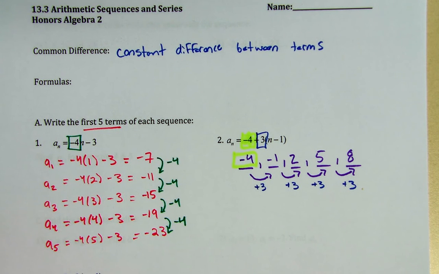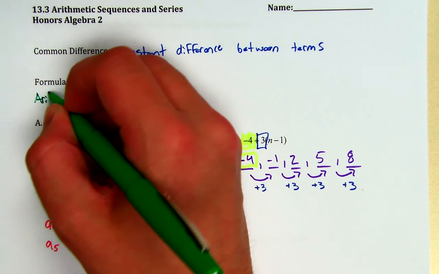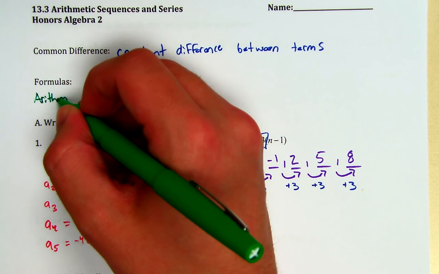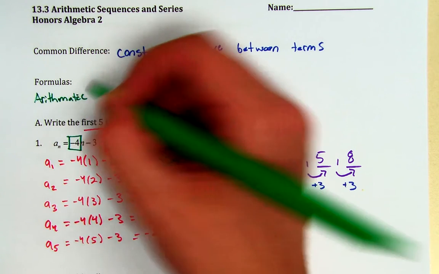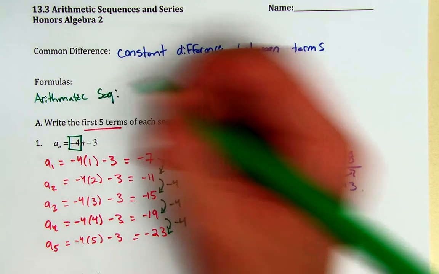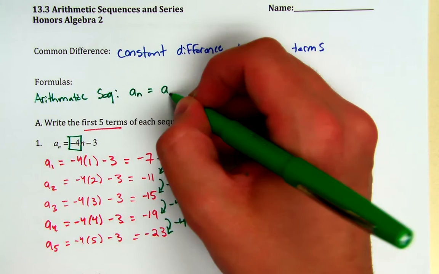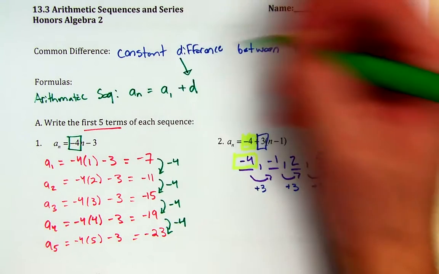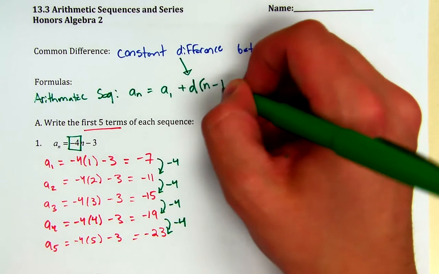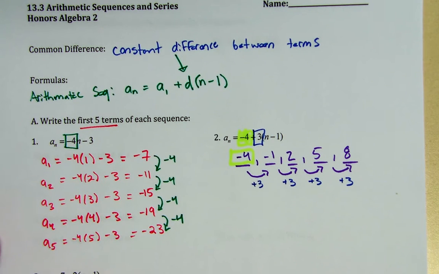Now let's talk about the formulas. For an arithmetic sequence, the general formula is an equals your first term plus the common difference, your constant difference, times n minus 1. Something we're going to talk about today is how to find the sum of a series.